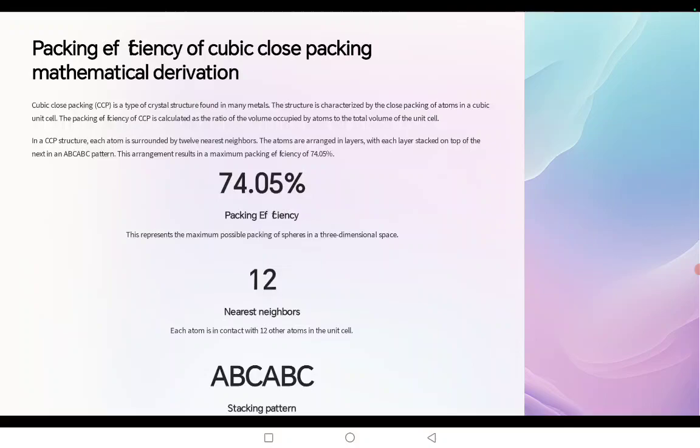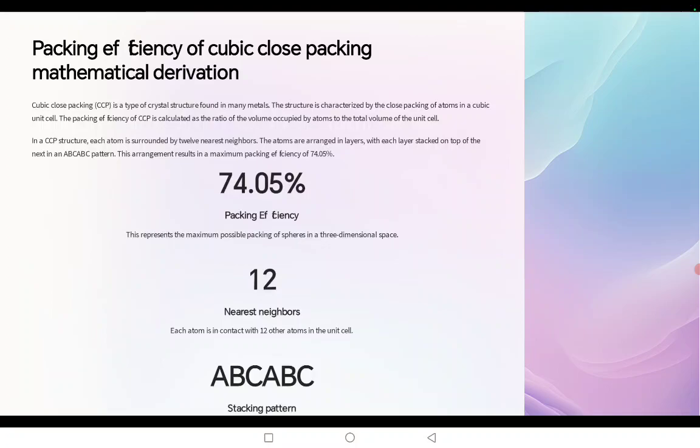Now, packing efficiency of cubic close packing. Cubic close packing (CCP) is the type of crystal structure found in many metals. The structure is characterized by close packing of atoms in a cubic unit cell. The packing efficiency of CCP is calculated as the ratio of the volume occupied by atoms to the total volume of the unit cell.